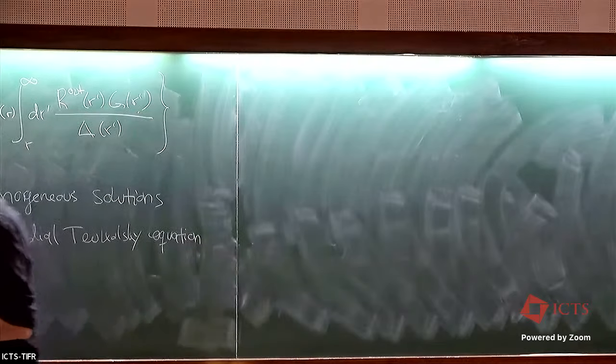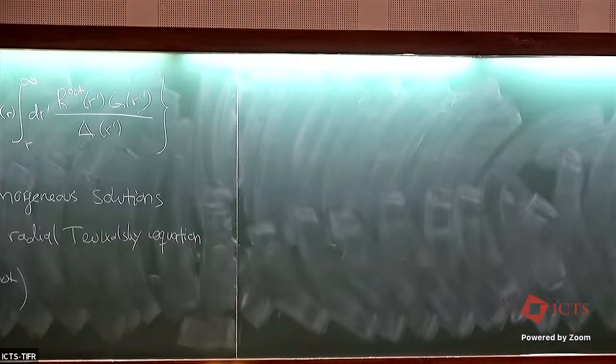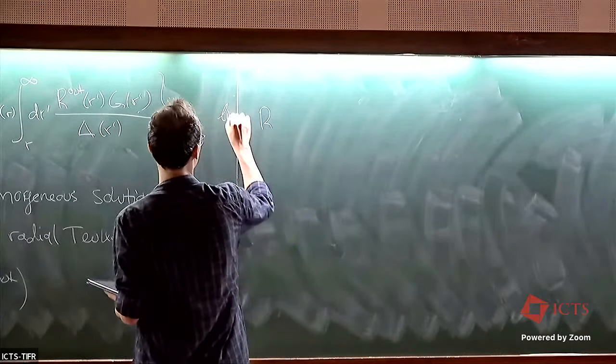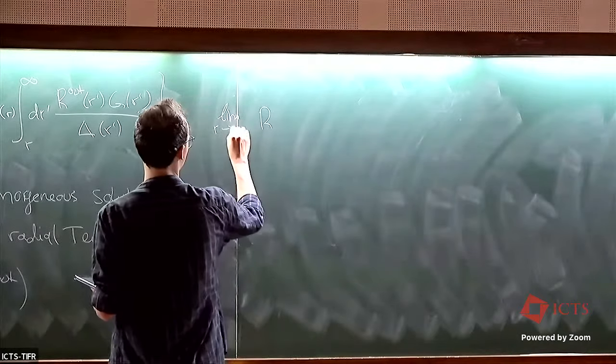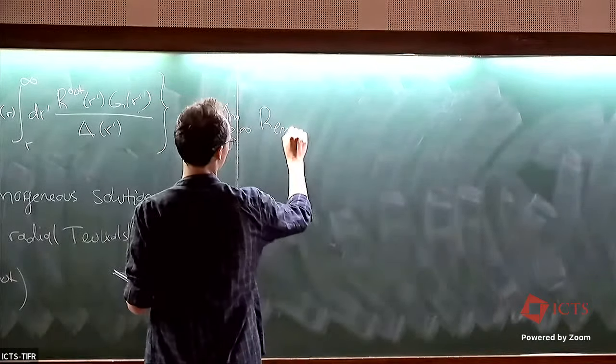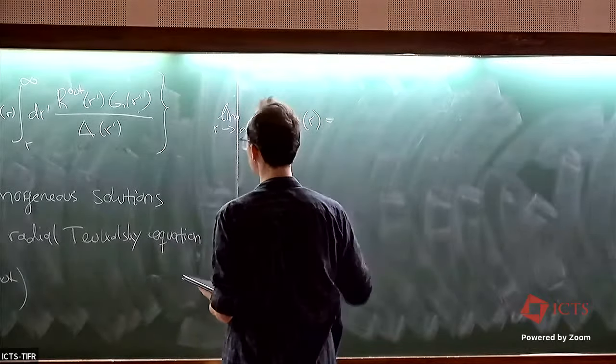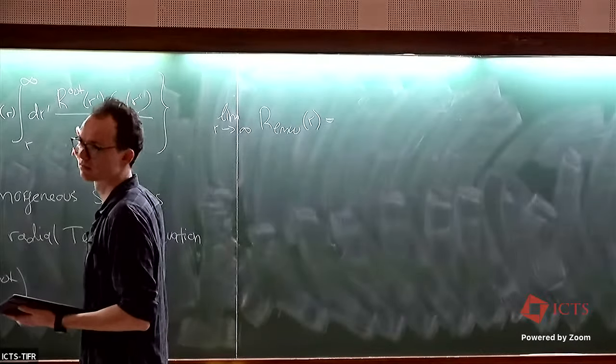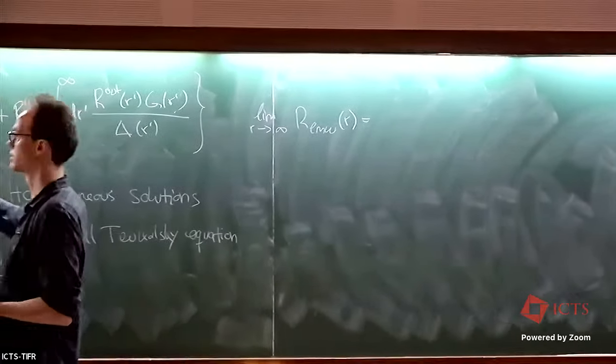And the reason for that is because, as I was saying before, we're not interested in the solution for all R. We're really only interested in the solution at large distances because we only care about psi 4 and therefore the gravitational waves at large distances. Okay? So the solution then basically one of these terms, this term will just be 0, and you're just left with the first term. Okay?